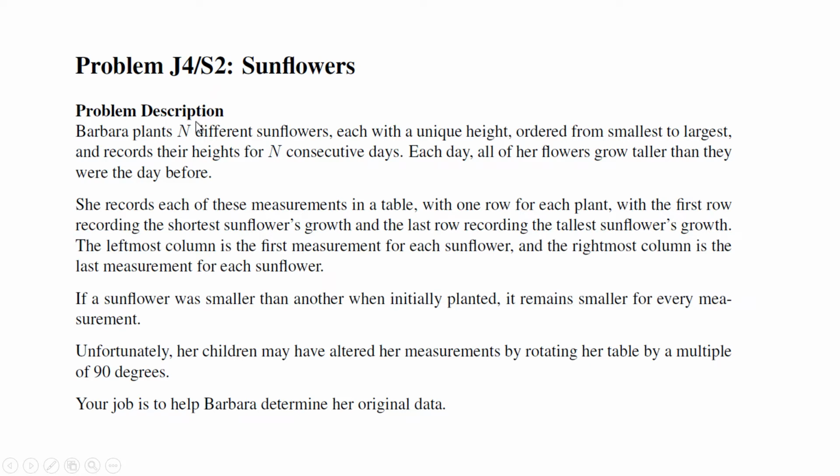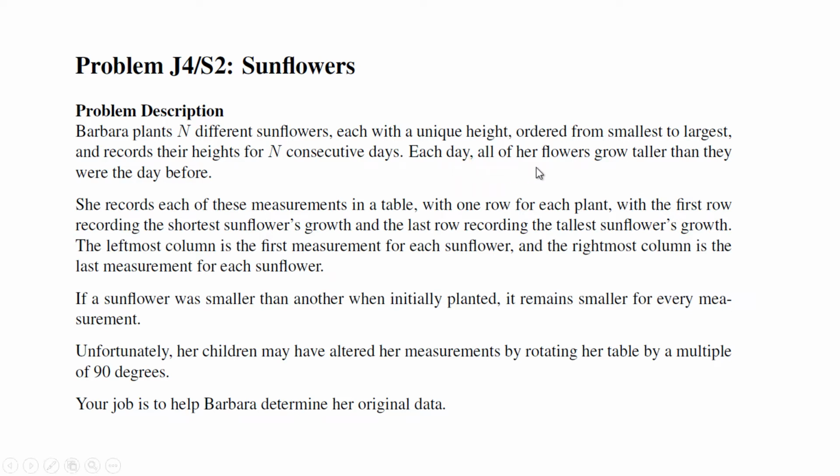So Barbara plants n different sunflowers, each with a unique height ordered from smallest to largest. These sunflowers are ordered, and she records their heights for n consecutive days. So this is an n by n matrix.